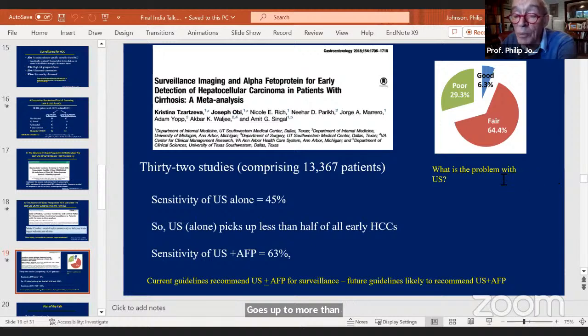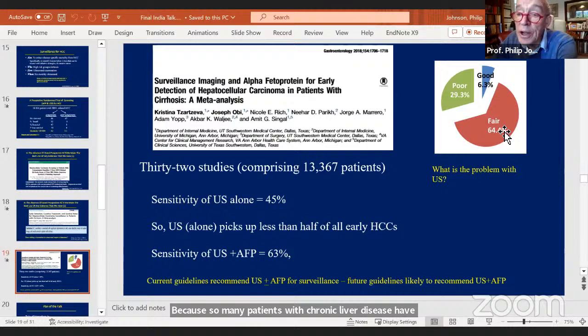So what's the problem with ultrasound? Why is its sensitivity so low? And the answer is probably that in most cases, the ultrasonographer finds it very difficult to get a good look at the liver because so many patients with chronic liver disease have severely fibrotic livers and are obese.